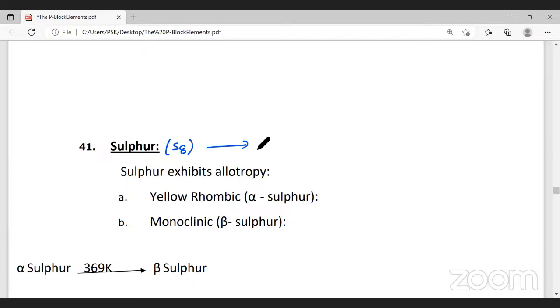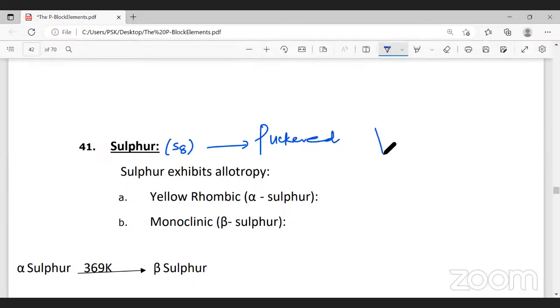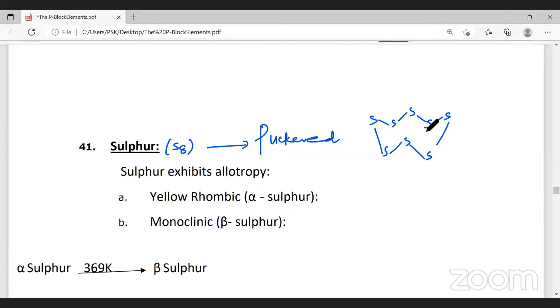It has a twisted structure, called a puckered structure. The puckered structure is in the form of a crown.